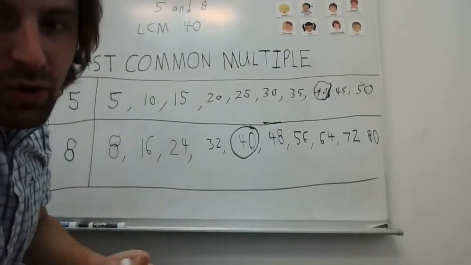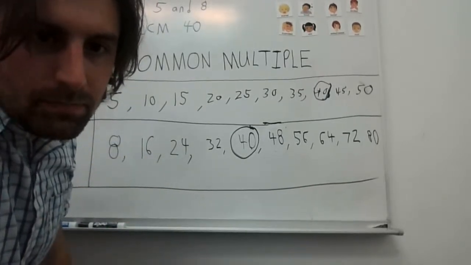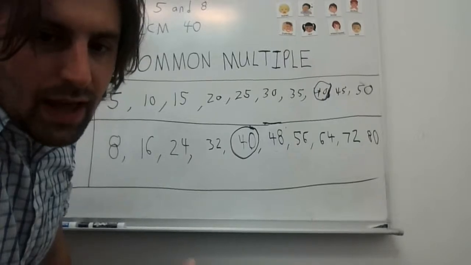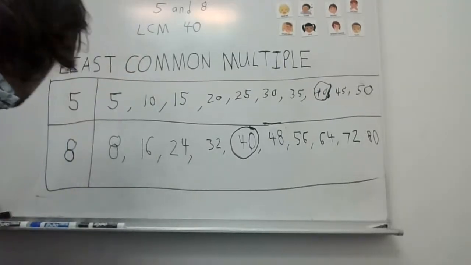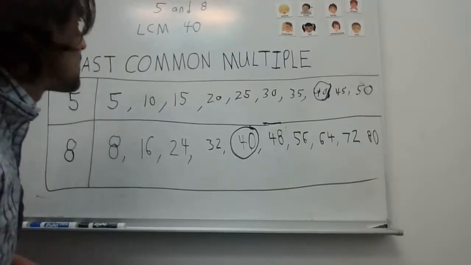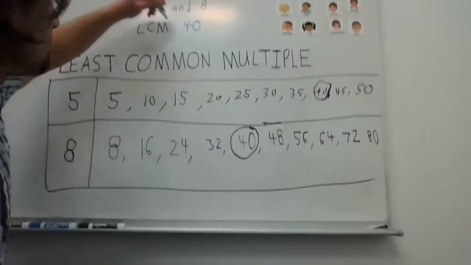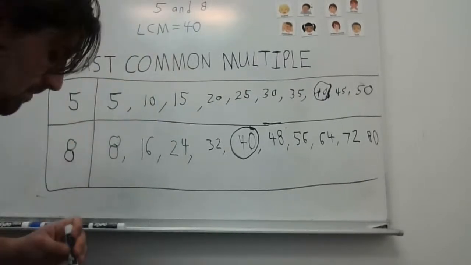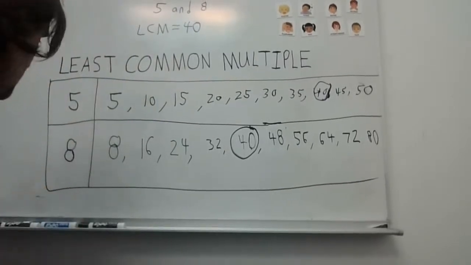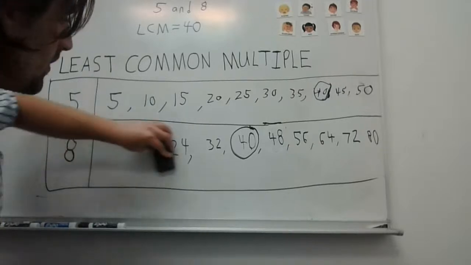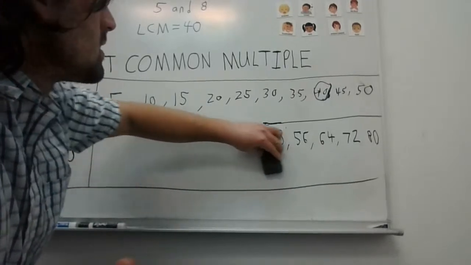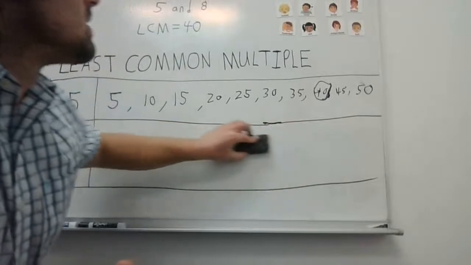All right, so now I'm going to do 2 other numbers now. So I'm going to erase this. I'm going to keep this chart up. I like the chart. But I'm going to now come up with 2 other numbers to find common multiples for.